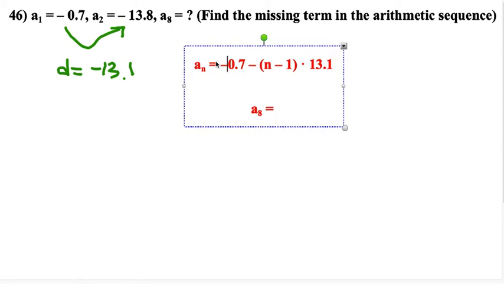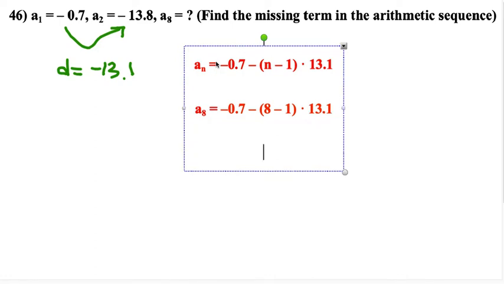That means if I want to find a sub 8, all I have to do is copy the same formula, except I'm going to plug in 8 for that value.